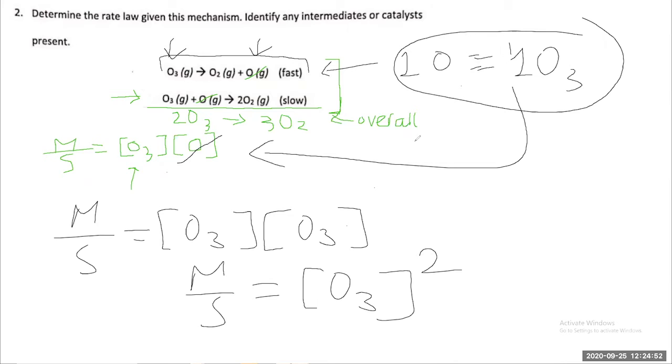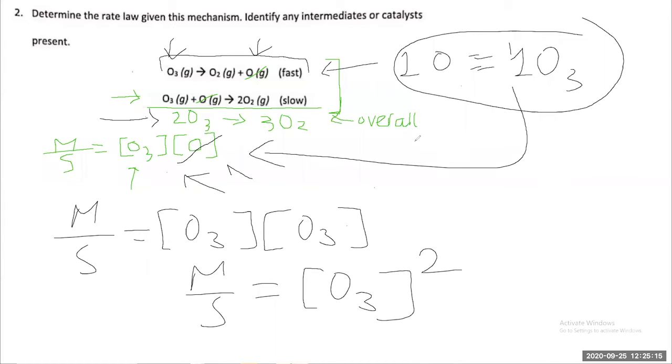Okay, does that make sense, guys? So just to recap what we did. First we found the overall reaction equation, okay? And we saw which of the reactants in the mechanisms are going to be in the rate law. Then we wrote the rate law based on the slowest reaction.